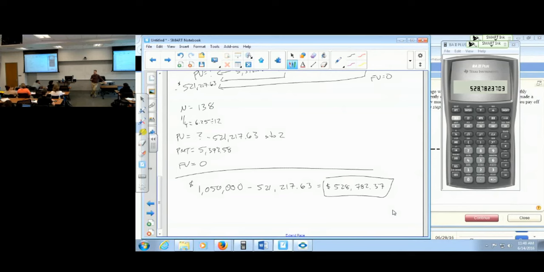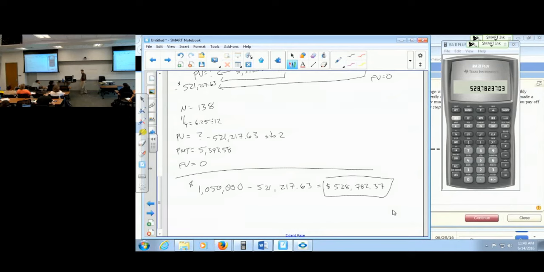But that's the kind of repetition it takes, and probably on about the 10th time through, you won't have to think about it that much anymore. You'll read the question and go, oh yeah, that's that three-stepper. I need to find the payment, I need to find the present value of the remaining payments, and I just subtract that from what I got. And it'll be a very simple problem, but it ain't gonna happen without working it over and over again. That's how you get there. That's how you know what formulas to use, what keys to use, how you should calculate it.